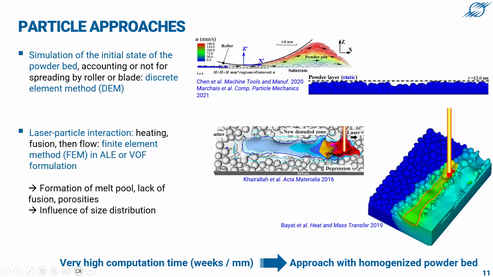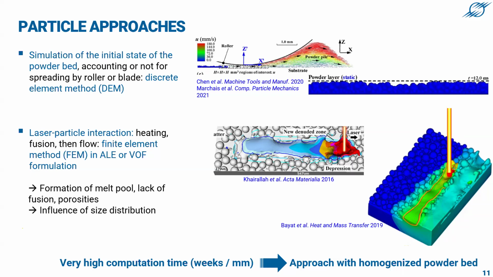The aim being to really assess the role of the size distribution of particles in order to see whether it impacts porosity effects or lack of fusion effects, for instance. But we should realize that such approaches are very time consuming. And I have indicated an order of magnitude. It's weeks per millimeter of scans that are necessary to make such a calculation.